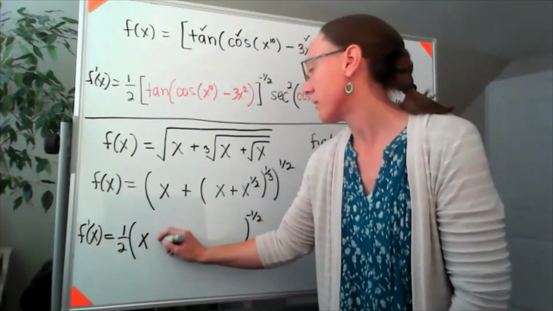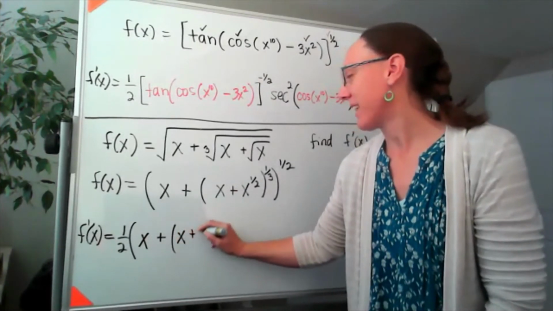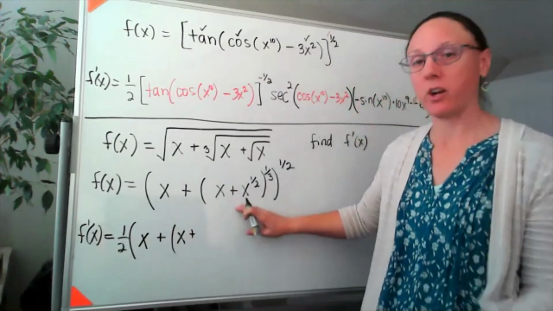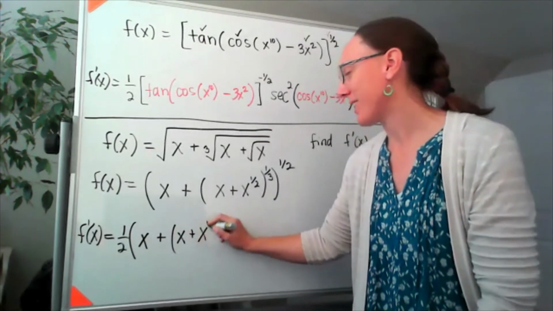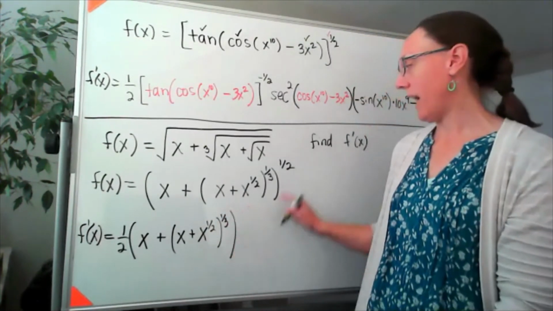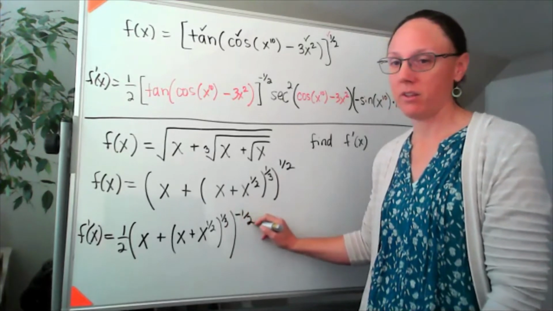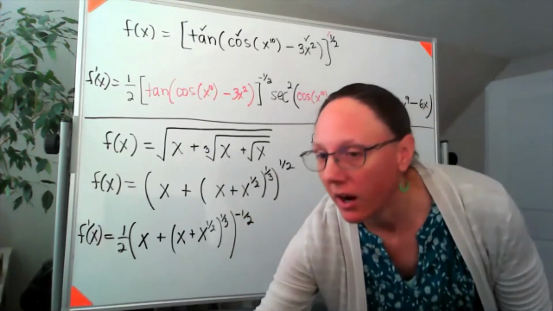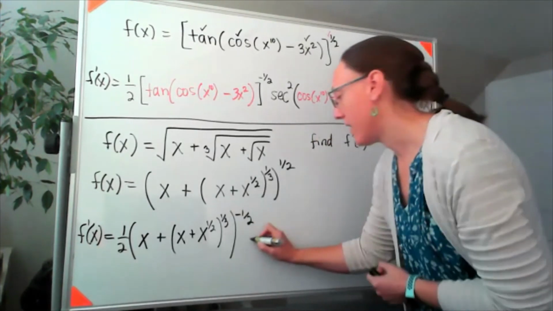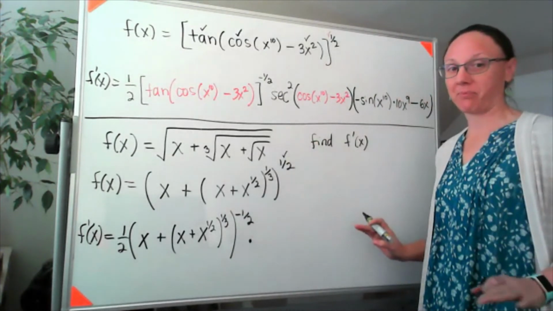And I've got x plus x plus x to the 1/2, whole thing to the 1/3 power. And then subtracting 1 from 1/2, I get negative 1/2.